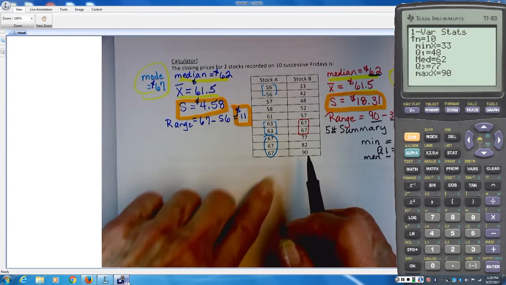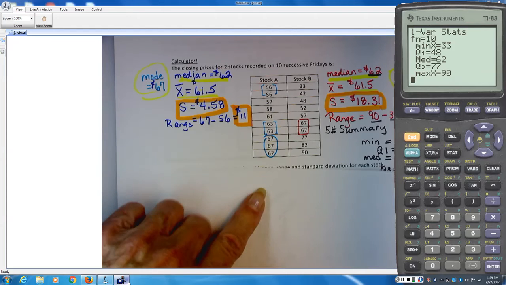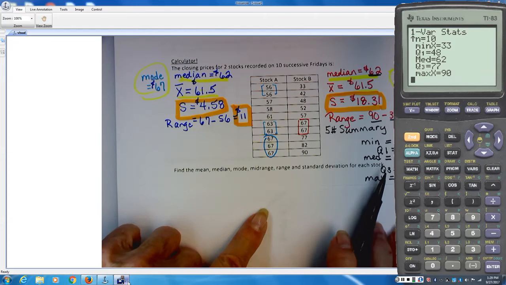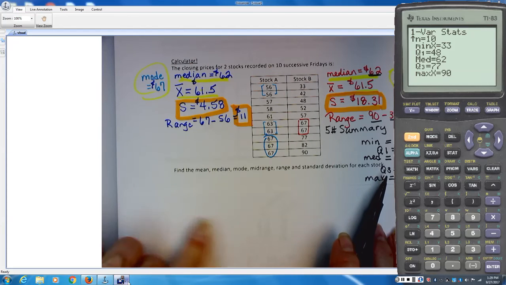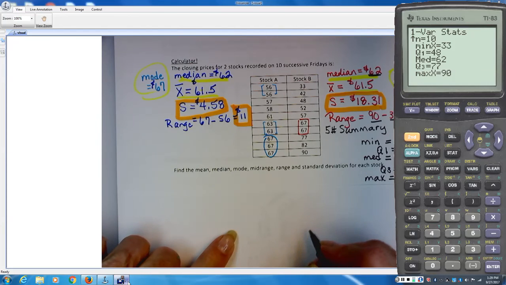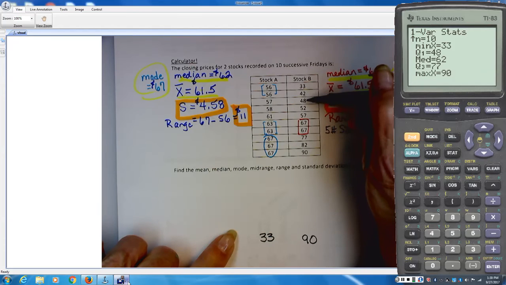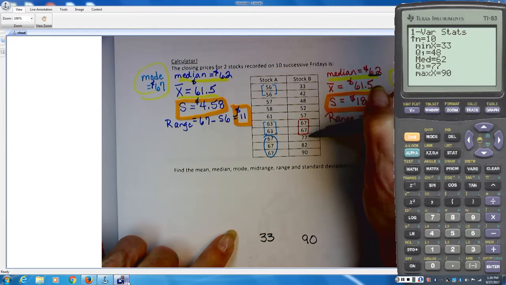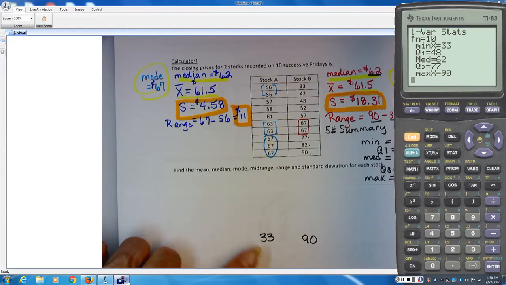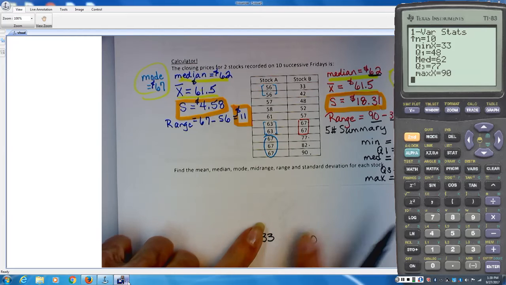If I start out, and we're still talking about stock B in this case, the highest value of the stock was $90, and the lowest value of the stock was $33. Since there's 1, 2, 3, 4, 5, 6, 7, 8, 9, 10 stock prices, there's going to be 5 in the lower half and 5 in the upper half.